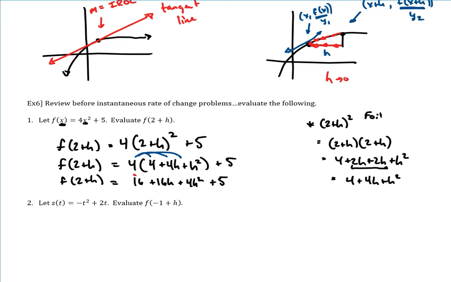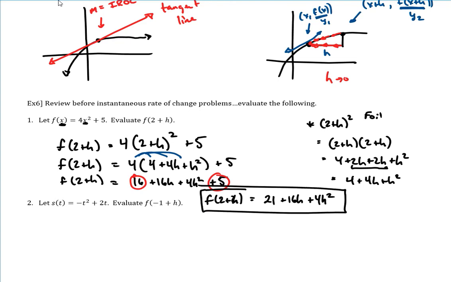It looks like 16 and positive 5 would combine. So I'm going to write this as f of 2 plus h is 5 plus 16, which is 21, plus 16h plus 4h squared. Okay, so it's just evaluating functions. Remember, to evaluate, you just plug in whatever they want you to plug into all the x's or whatever variable they use. So on this one, we see t.